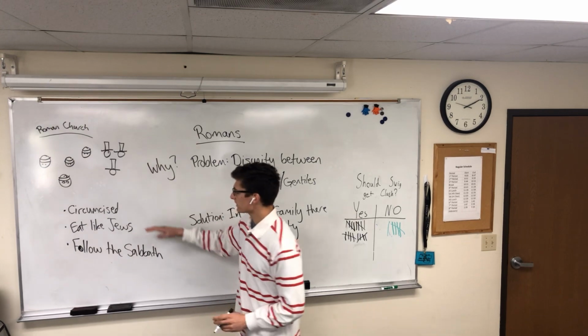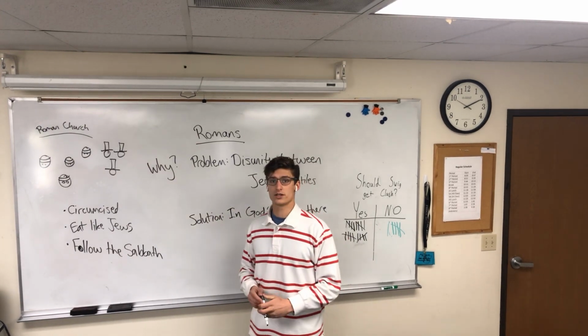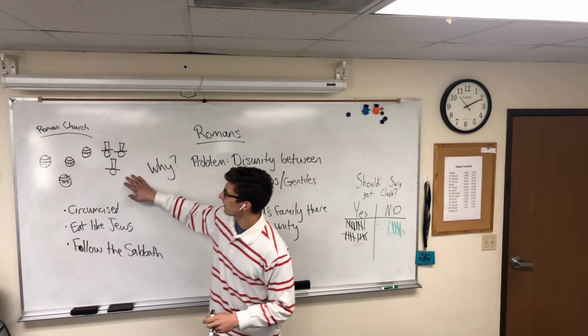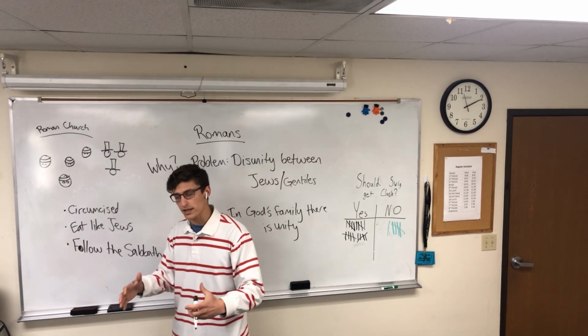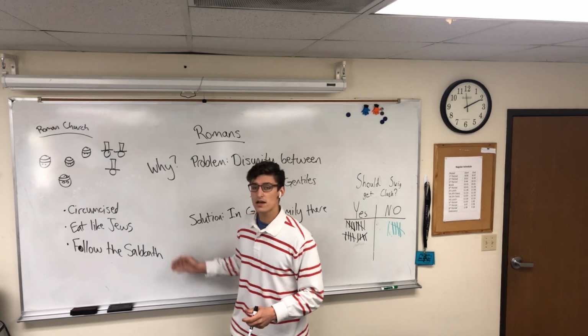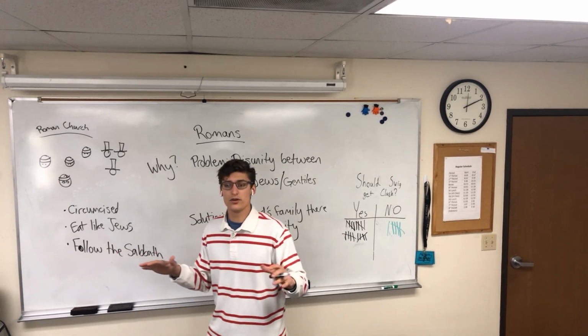And so these things are going to be very Jewish. And Jews thought that in order for Gentiles to be part of God's family, they would need to have these things. But Paul's going to say, no way.